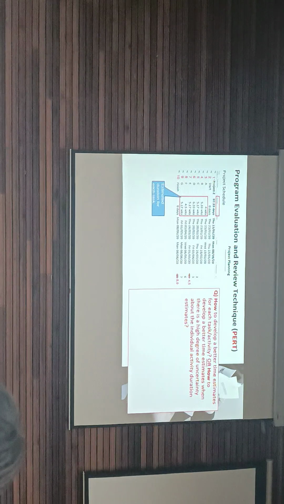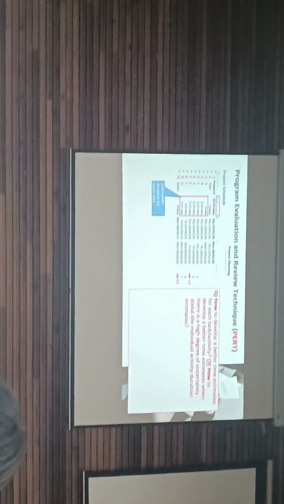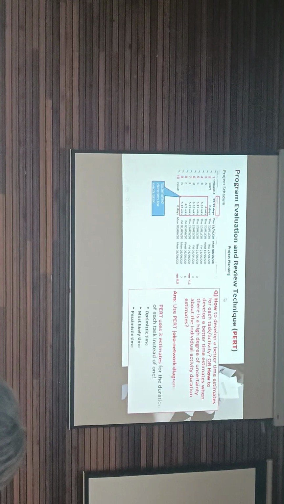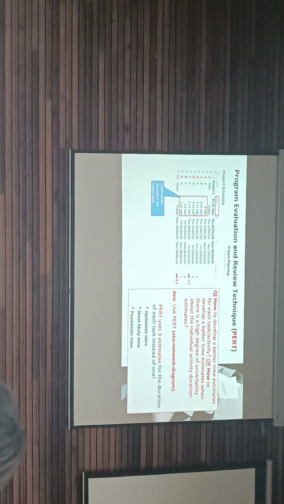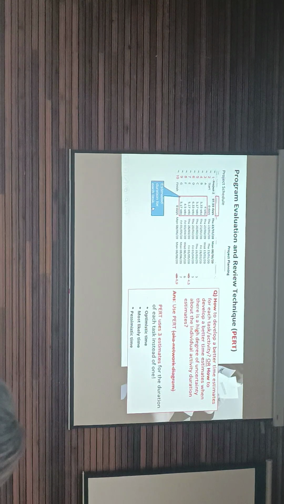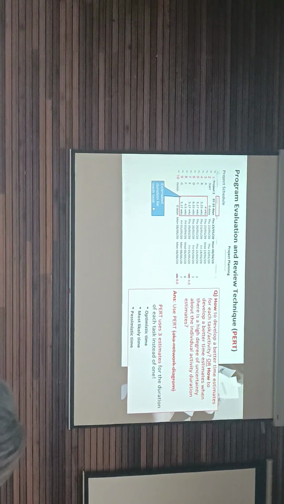Is there a better way to do estimation? So answer is yes, there's a better way to do estimation. So answer is using Program Evaluation and Review Technique. Okay. So use this technique to come up with a better estimate.